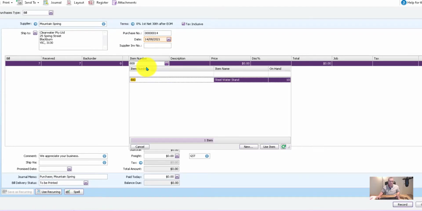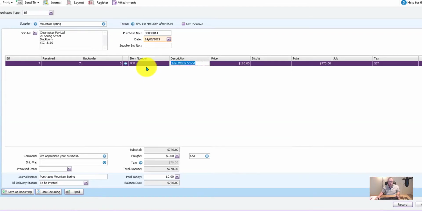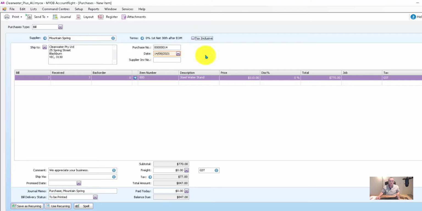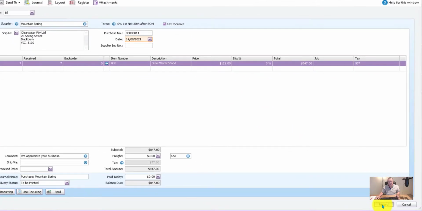Item 800, and it's going to be 121. And again, if you untick that, you'll see your ex GST amount at 770. So let's click that back on and record.